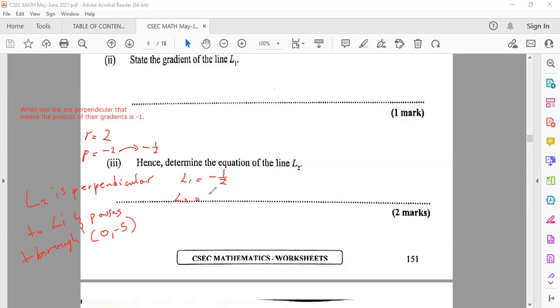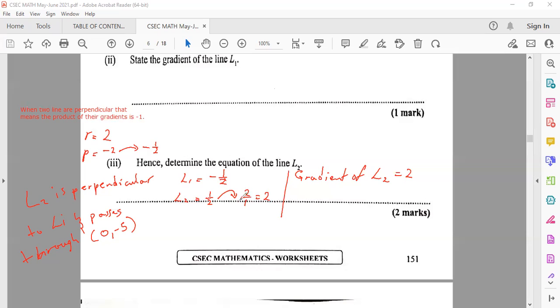It's not -1/2 now. The negative of -1/2 is 1/2, and then the reciprocal of that, I flip it over, gives me 2/1, which is equal to 2. So the gradient of L2 is 2.